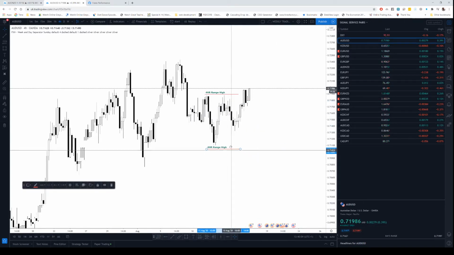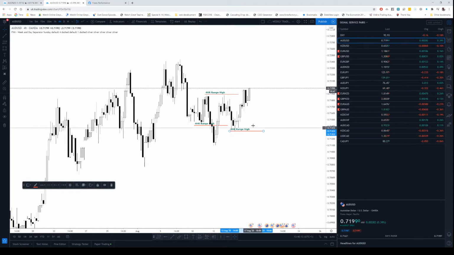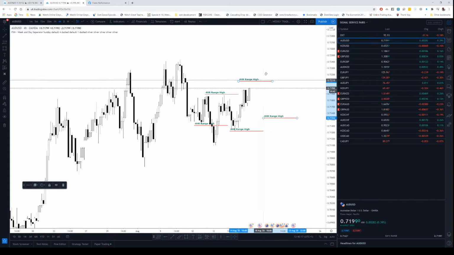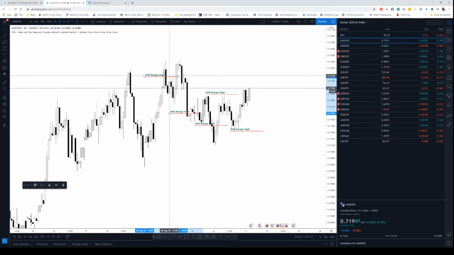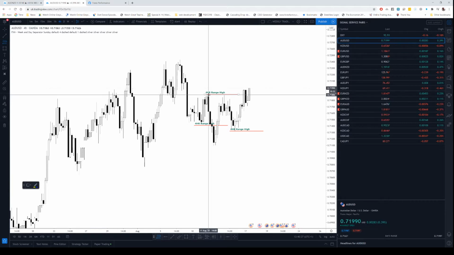So right now this is what we did have, and we failed to make a low, and now we've broken above this and we've made a high. So I think price is coming. Let's do some measurements and see where price wants to go.